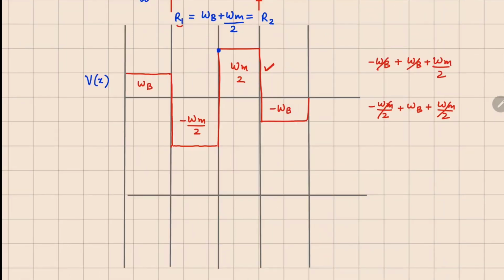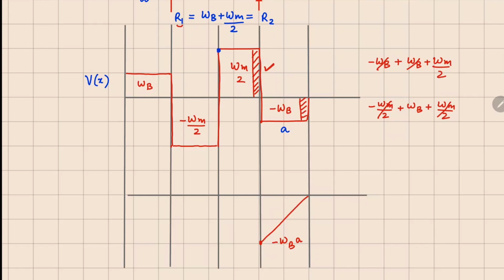Now for the bending moment, we can look at the area under this curve in the shear force diagram. So in this part here, your area will be increasing but on the negative side, and by the time it reaches here, you will be covering a distance of A. So total area that we get from this section is going to be minus WB times A at this point. After that in this segment here, your area is increasing on the positive side.